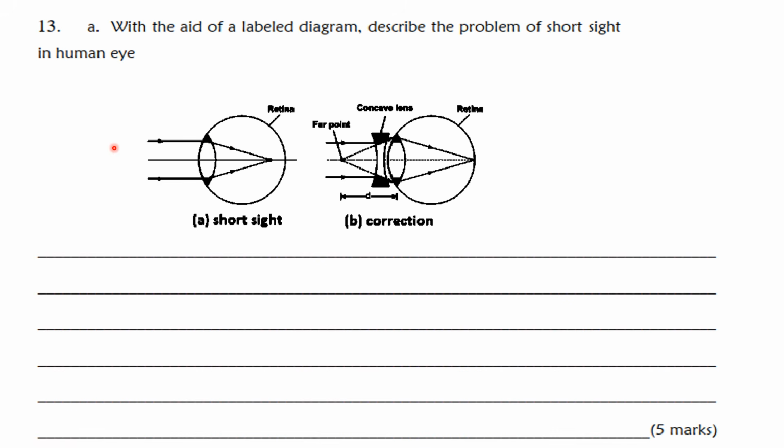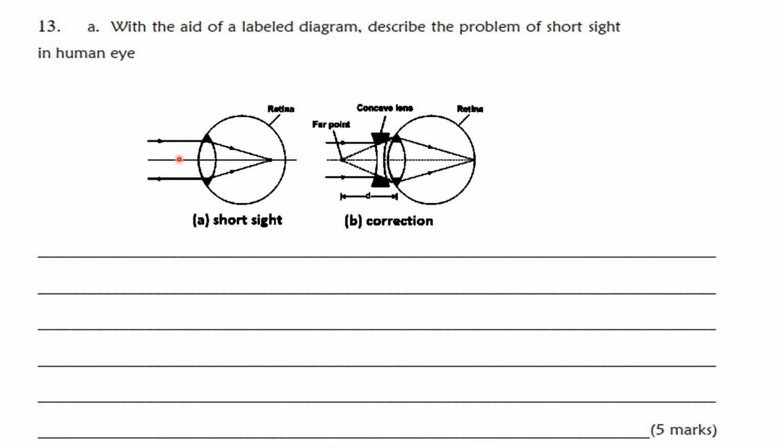An object that is far away cannot be seen by this individual because the rays of light, upon refraction by the lens, are going to converge before reaching the retina here. That's called short sight. Okay? Being able to see objects that are closer and not objects that are far.